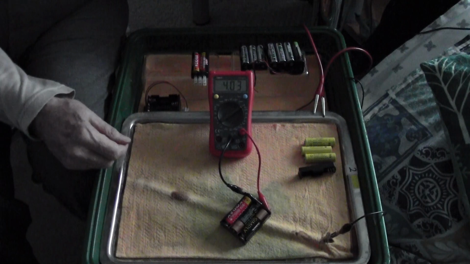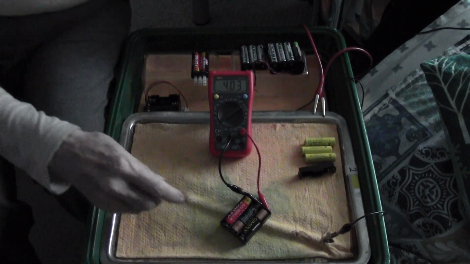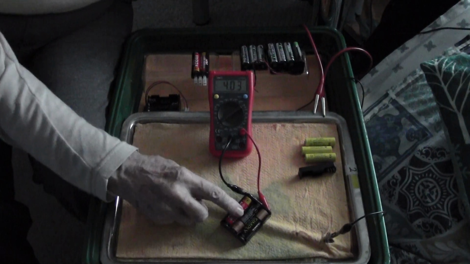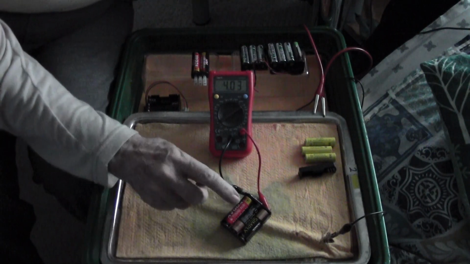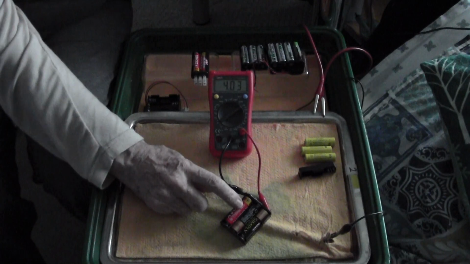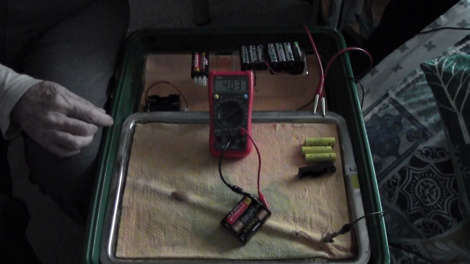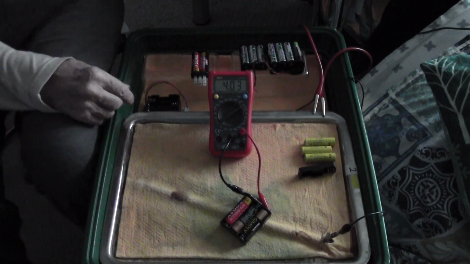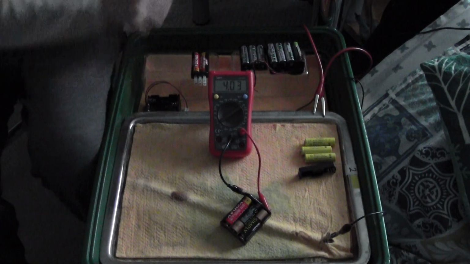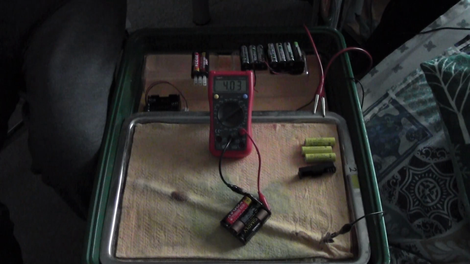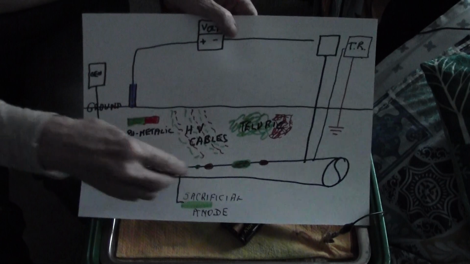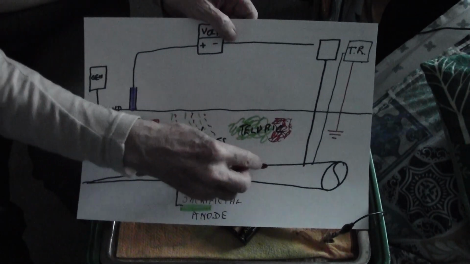Now the problem is that we have 3 values and we only want to know what one of these values is, and that is the value of the corrosion cell on the pipeline. That is, we need to know the value of that and that.